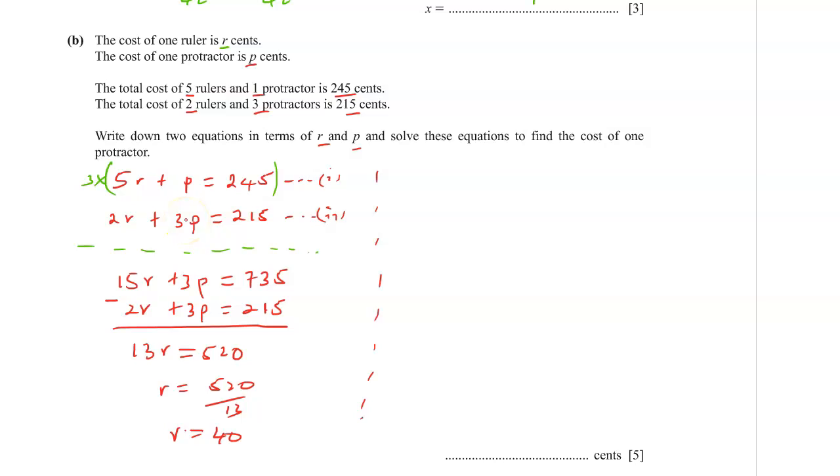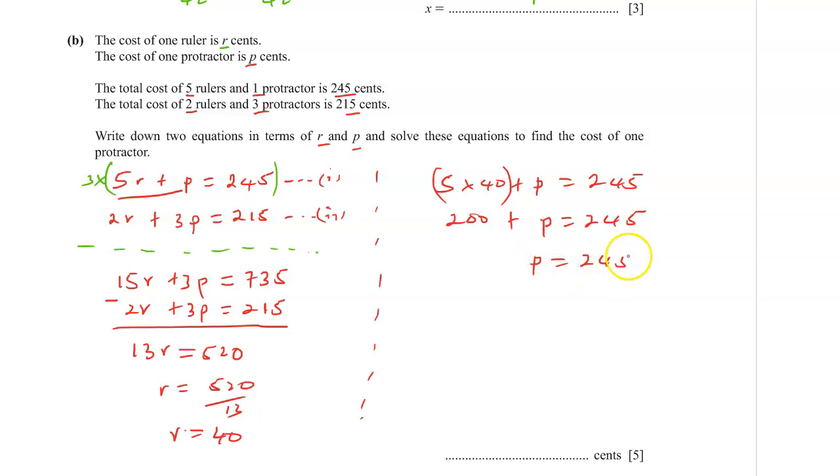Let's use the first equation. 5 times 40 plus P is equal to 245. This is 200 plus P equals 245. P is equal to 245 take away 200. This will give us 45.